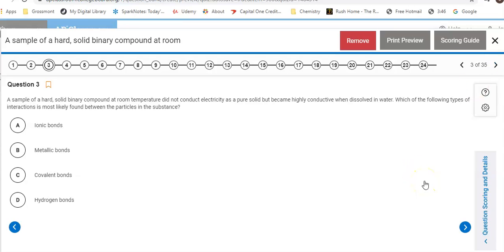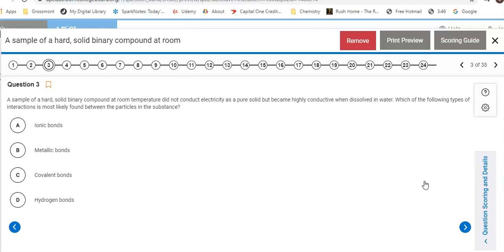A sample of a hard solid binary compound at room temperature did not conduct electricity as a pure solid, but became highly conductive when dissolved in water. Well, let me give you an example of that. Salt, just sitting in a salt shaker, cannot conduct electricity because it's electrically neutral. You have a positive and negative charge together.